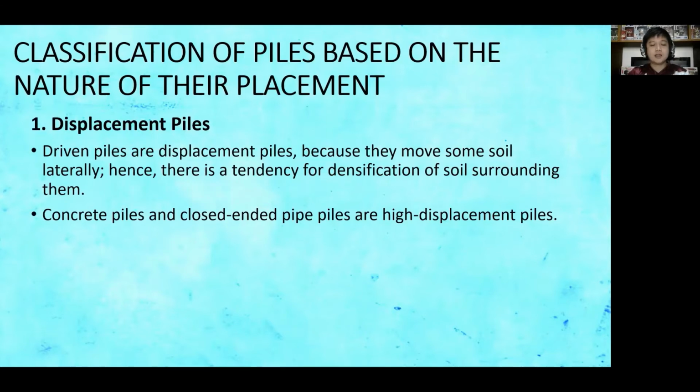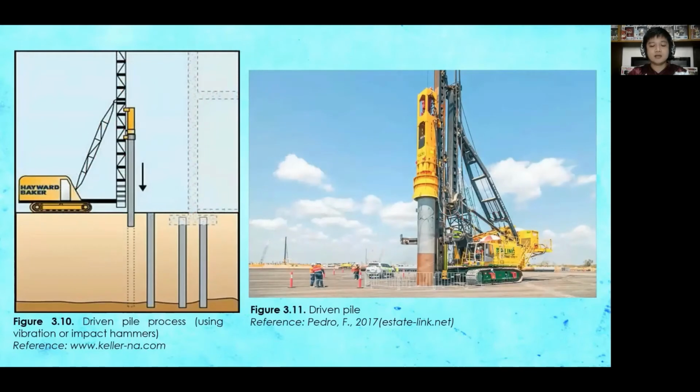Concrete piles and closed-ended piles are high displacement piles. Displacement or driven piles are installed through the soil by means of vibration or impact hammers, as presented in figure 3.10, and the actual equipment in figure 3.11.